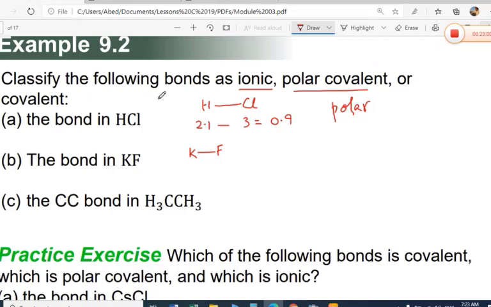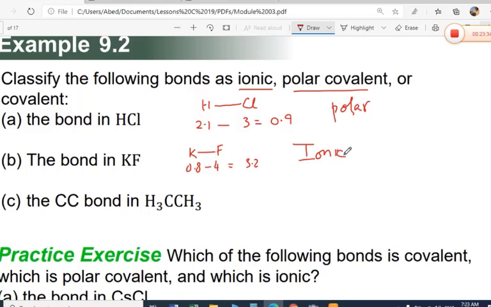So 0.8 minus 4, fluorine is 4, I remember it. So this will be 3.2. Highly electronegative, highly polar, 3.2. This is more than 2, so it will be ionic.